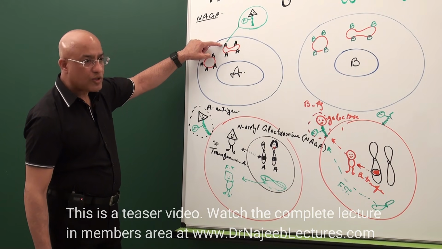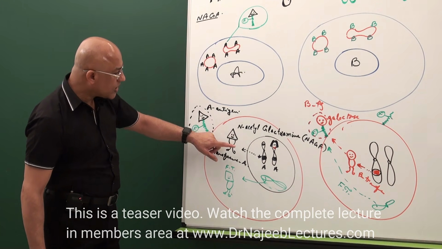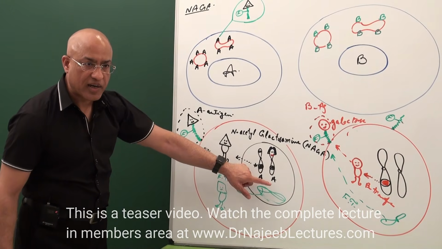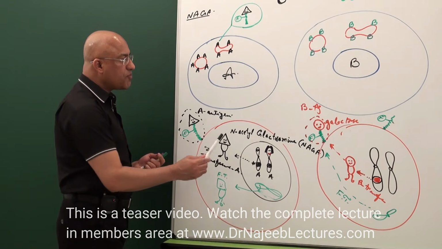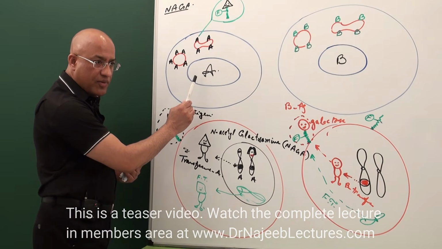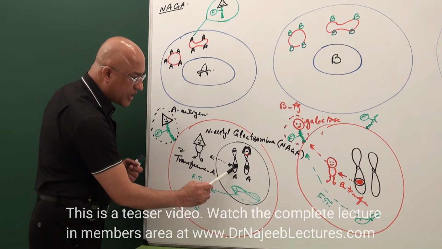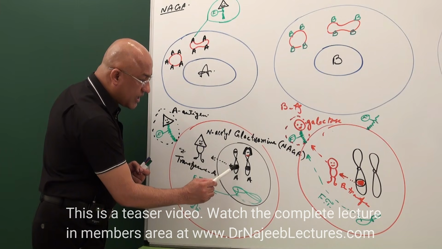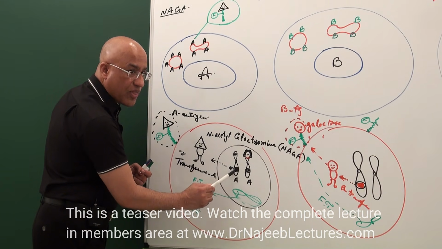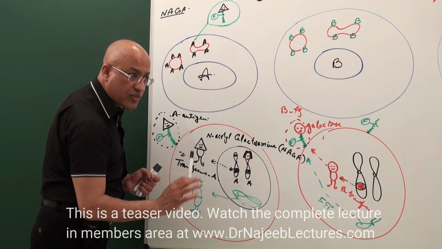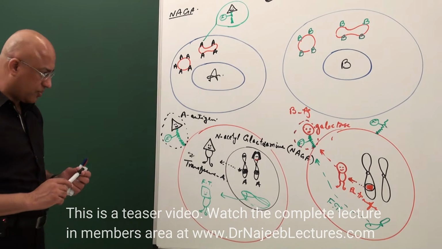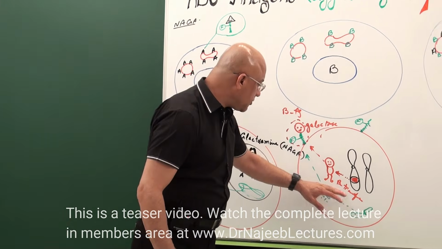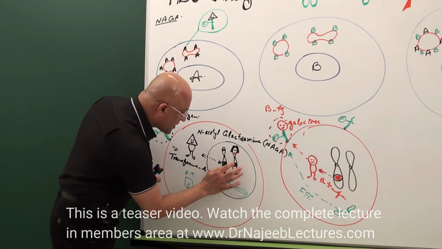The phenotype of this cell is A, but the genotype is AA. One A from the maternal side, the other from the paternal side. So one person may have blood group A because both his maternal and paternal chromosomes contain a gene producing transferase A. But just remember this. Later on I will go into further detail.